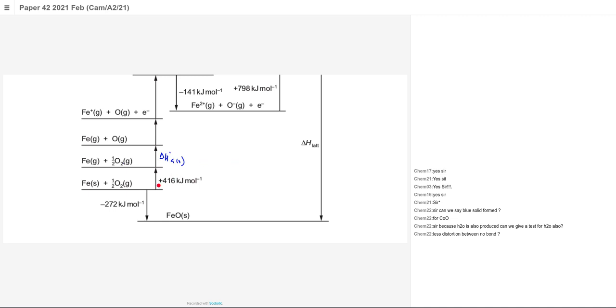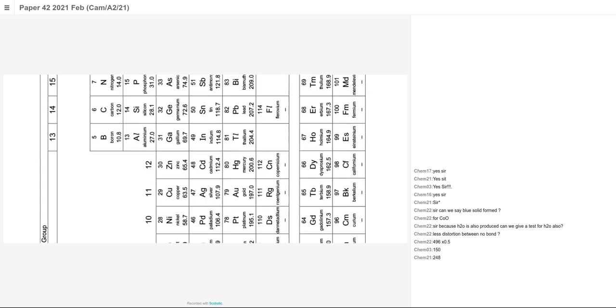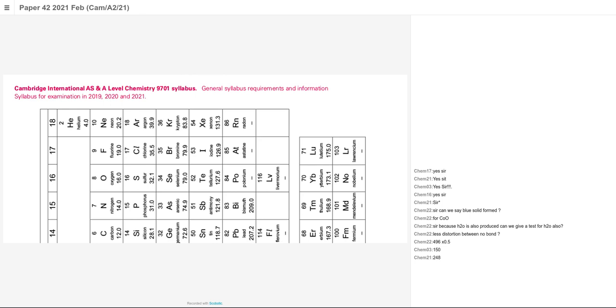Can somebody help me with the values of the bond energy of oxygen? That's right, it's 496 times half. Why times half? I'm getting different answers now: 496, 152, 40. I can't have 4 different answers, right?